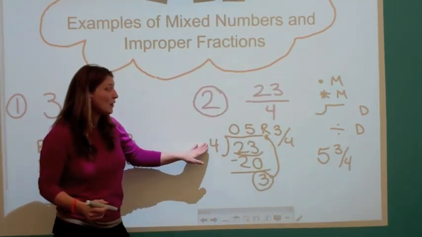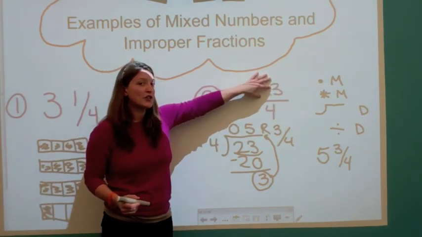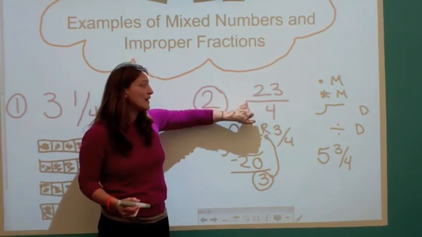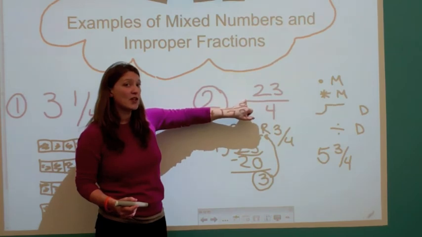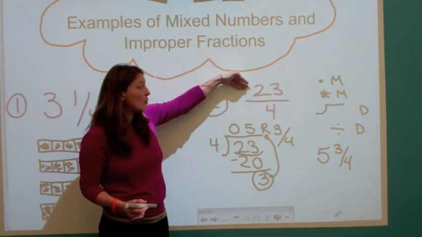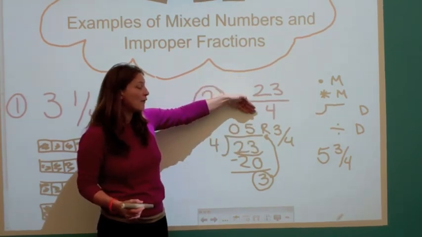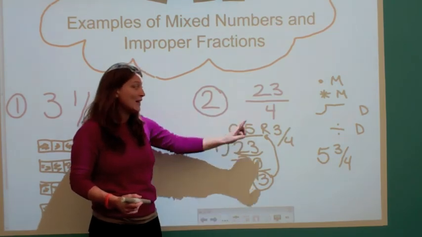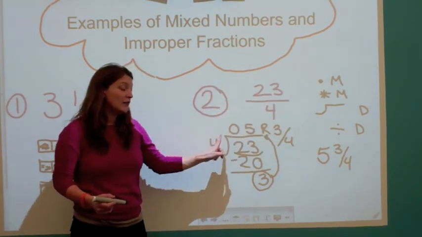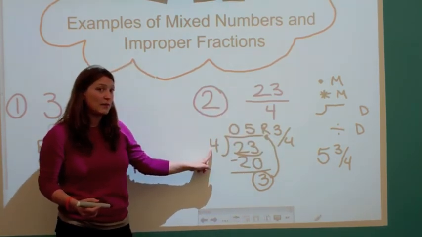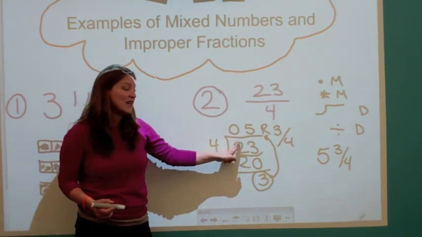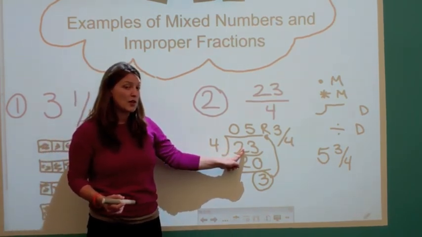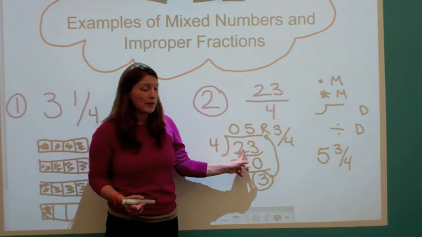So again, when I saw my improper fraction, I knew that I could say divided by when I saw my fraction line. So I said 23 divided by 4. My denominator is my divisor, and that's how many times it goes into the larger number, or the number on top.